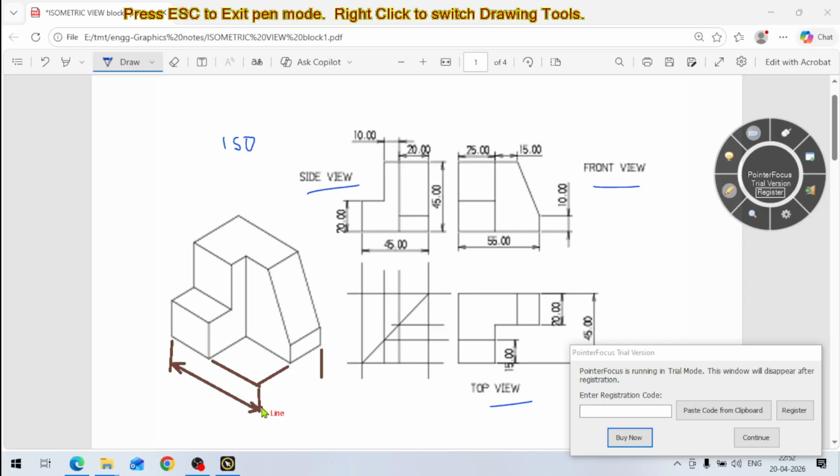And one line here also in the same way, and these are the arrows like this. So this dimension is 55.